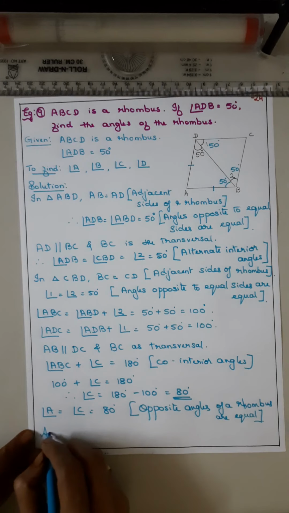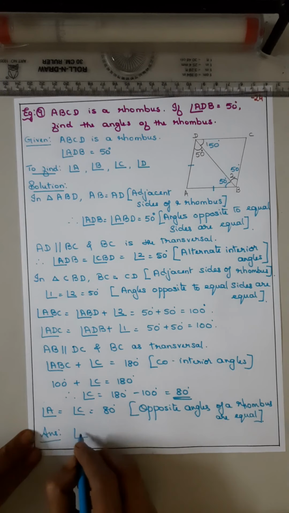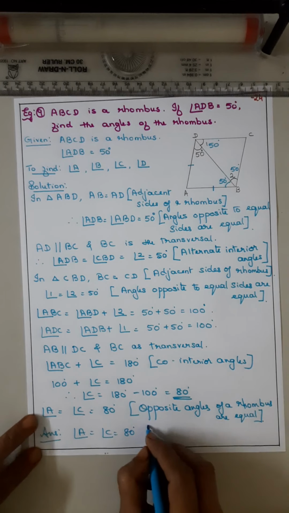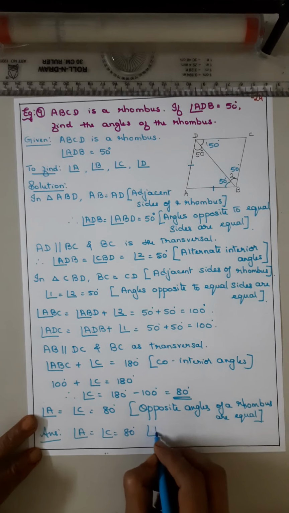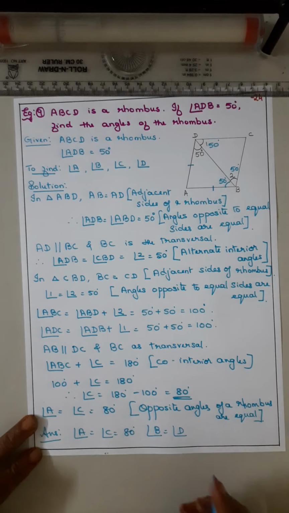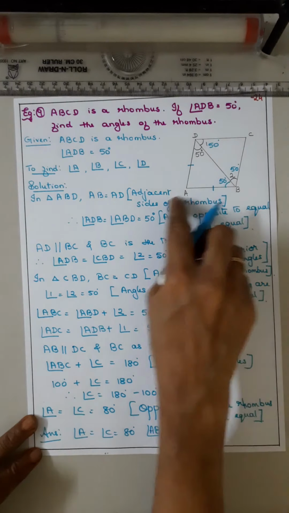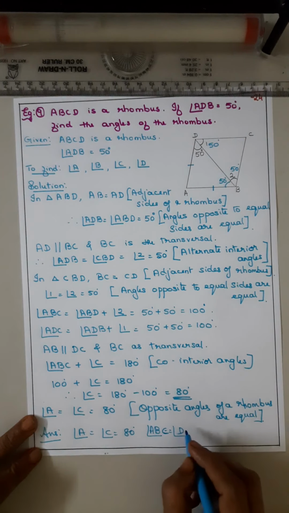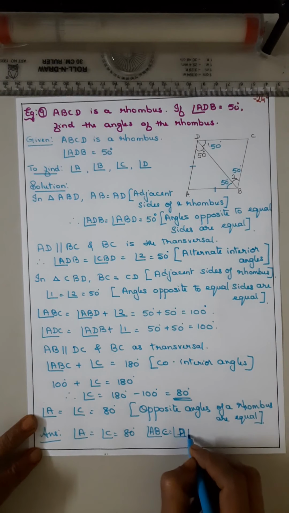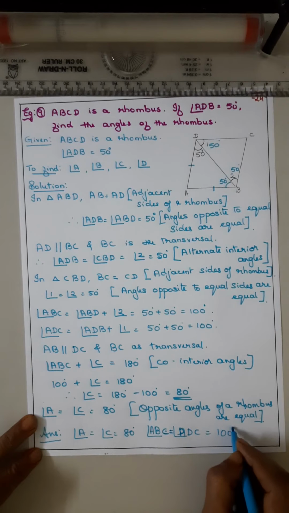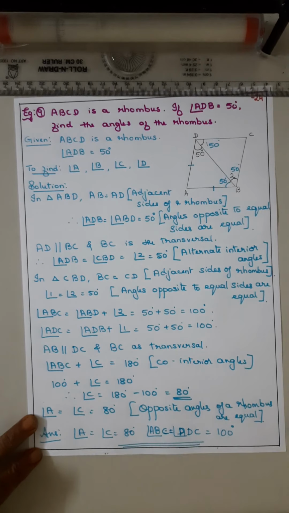So the answer: angle A is equal to angle C is equal to 80. Angle B is equal to angle D, that is, angle ABC is equal to angle ADC is equal to 100 degrees. These two are 80, these two are 100.